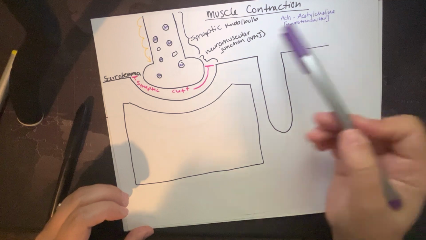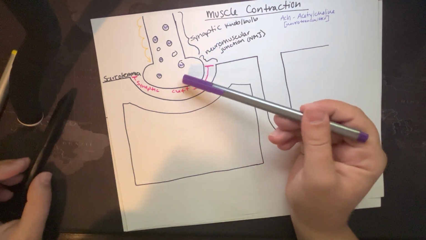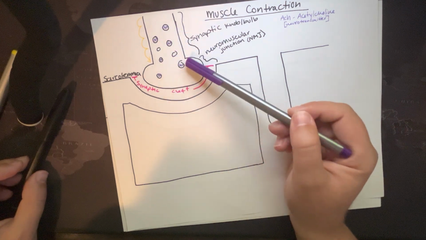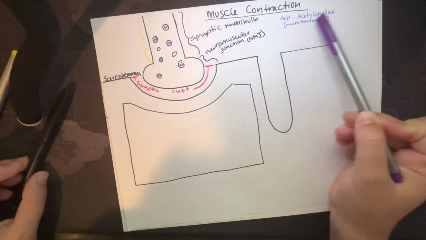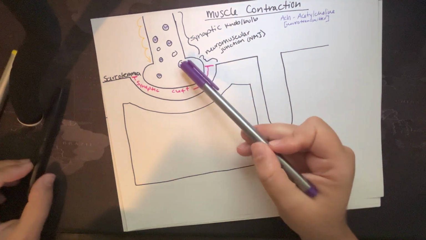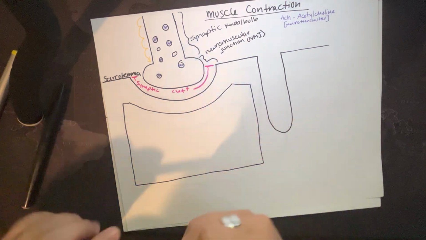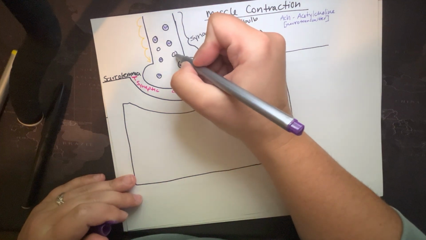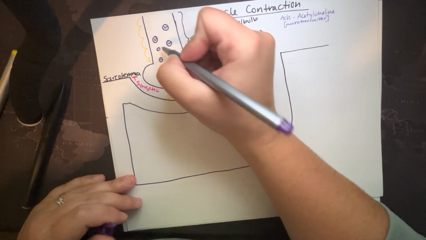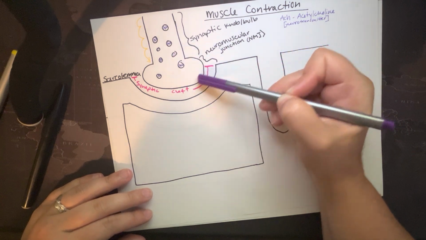So starting with acetylcholine, we know that inside of a cell, because this end of a neuron is the cell of the nervous tissue, the neurotransmitter, this chemical, acetylcholine, is not just going to be sitting by itself, floating around. It has to be held within a certain vessel, and this is going to be our transport vesicles. All this neurotransmitter is sitting inside these transport vesicles, and we know our transport vesicles are made up of the cell membrane.